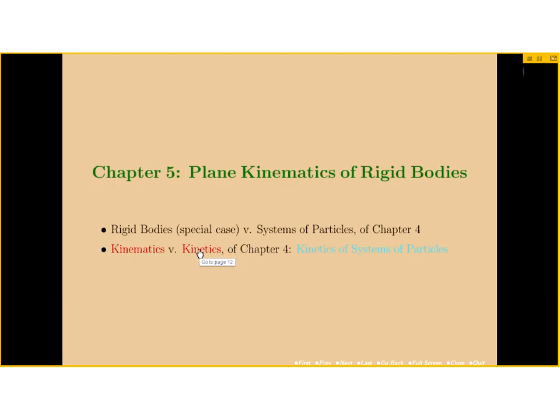Okay, on the other hand, let's look at kinetics. Now, the term kinetics is defined in Meriam and Kraige in the first section of chapter 3 on page 119 of the 6th edition, or page 117 of the 7th edition. And the definition given there is, it is the study of the relations between unbalanced forces and the resulting changes in motion.